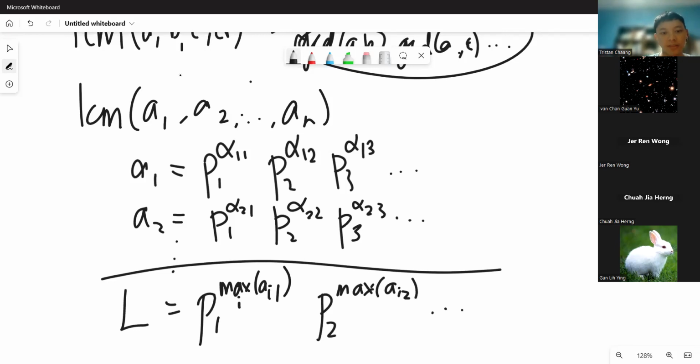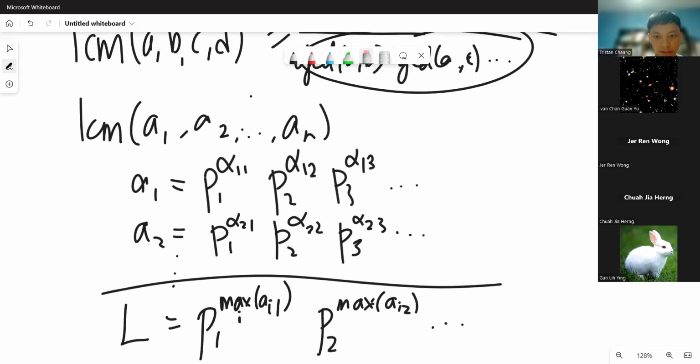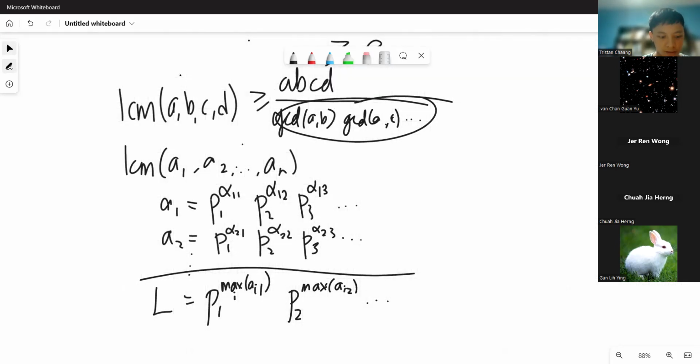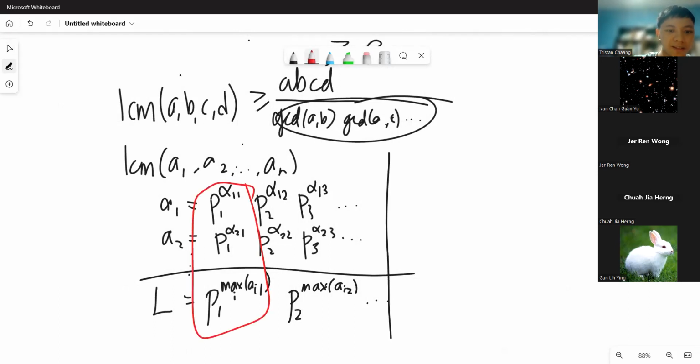And why is this more than or equal to the right hand side? So in other words, we can just focus on the factors of P1.